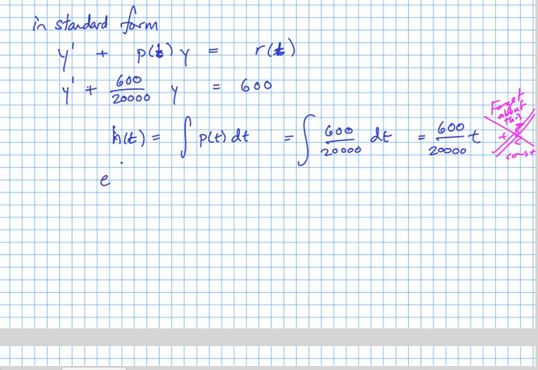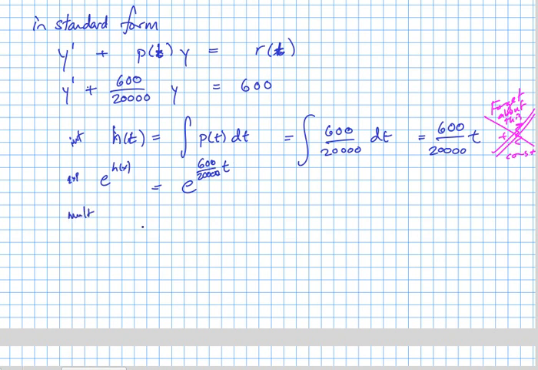Exponentiate. So we integrate, we exponentiate. E to the h of t is going to be equal to e to the 600 over 20,000 t. I know that's 0.03 t. Now we multiply.